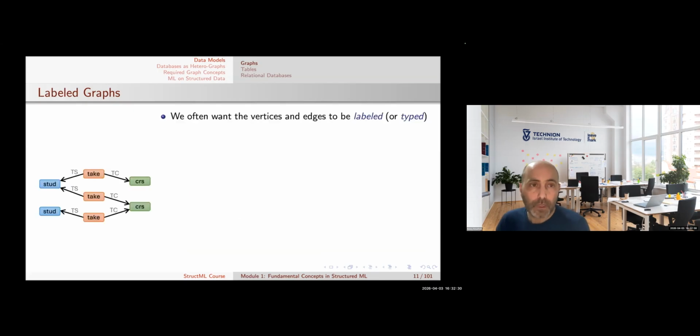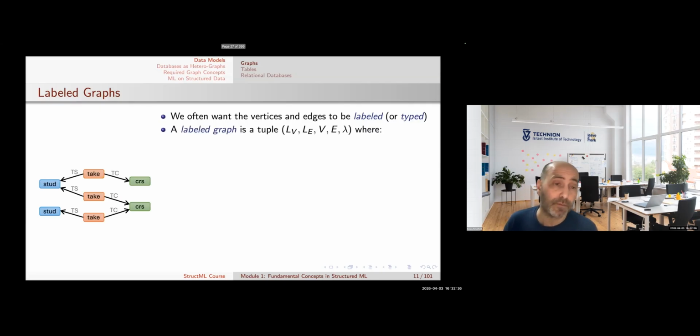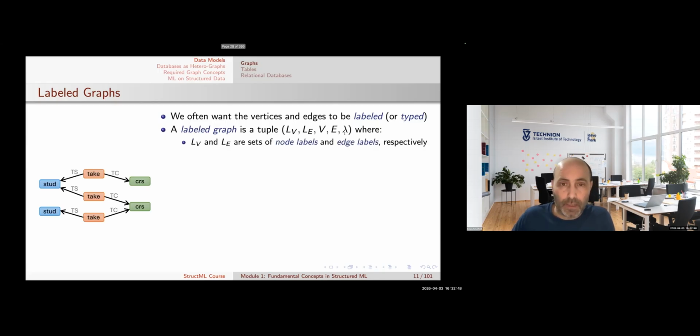Now, another important concept is a labeled graph, or a typed graph, which means that every node and every edge is associated with a label. In terms of the definition, we add to V and E this LV, LE, and lambda. LV and LE are the sets of node labels and edge labels.